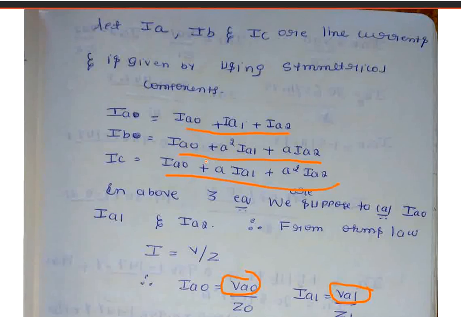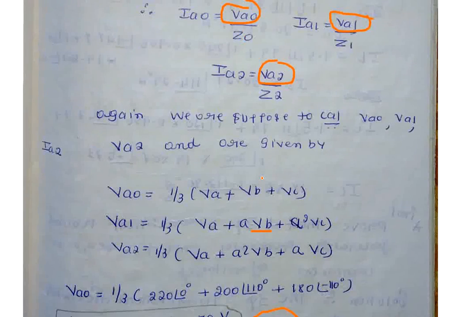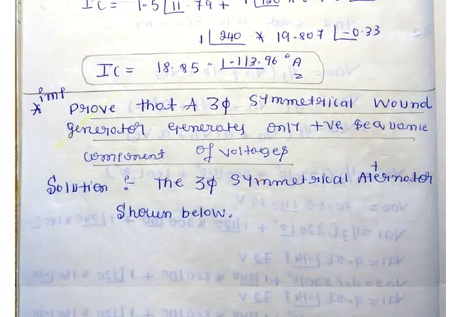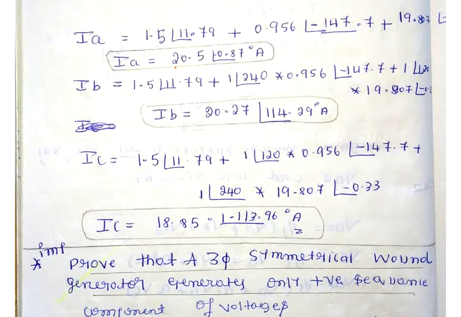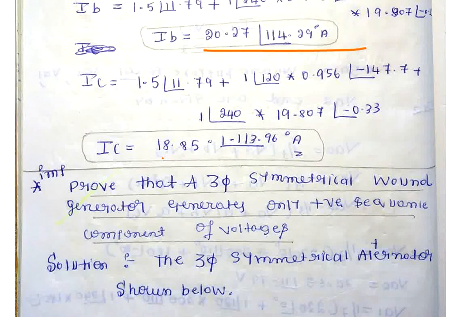IB equals IA0 plus A square IA1 plus A into IA2. So the same values we are substituting. Finally you will get IA as 20.5, IB as 20.27 at an angle 114, and IC equals 18.85 at an angle minus 113.